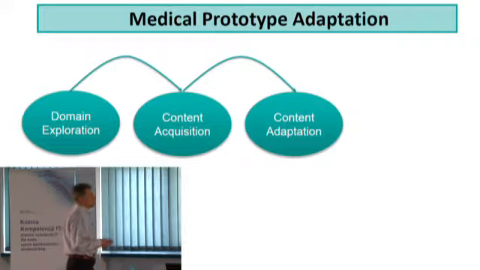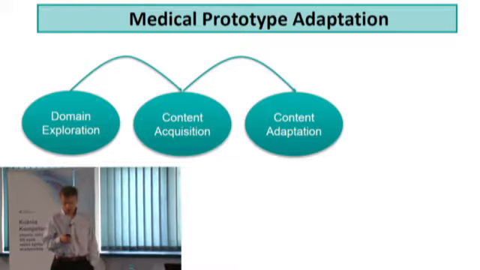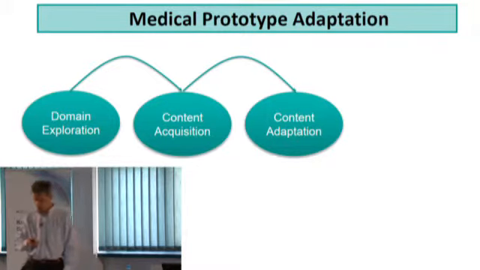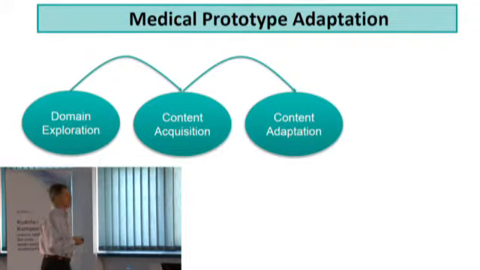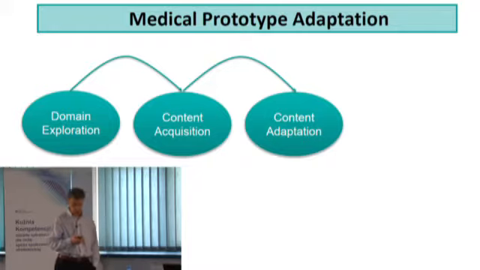As we discussed yesterday, any content that is created for human consumption, say to be printed or shown on the web, cannot be directly used by the machine. What we need to do is adapt this content.